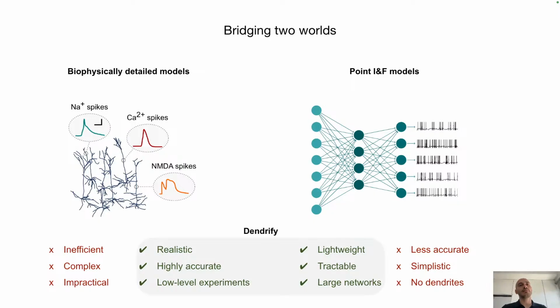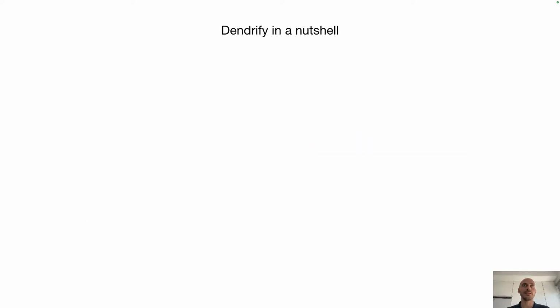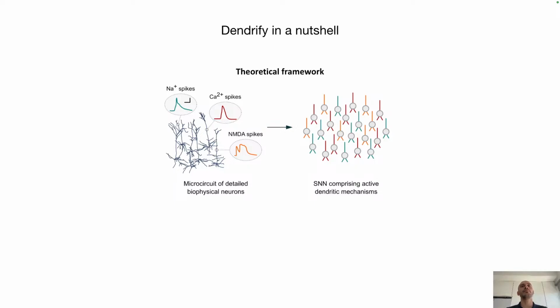So then we decided in our lab, why don't we try to create something in between, something that tries to combine some of the good characteristics of biophysical models with the advantages of point neuron models. And that's how Dendrify was born as an idea. So, in a nutshell, Dendrify is a theoretical framework on how to translate some complex biological properties of real neurons into more simplistic SNNs.